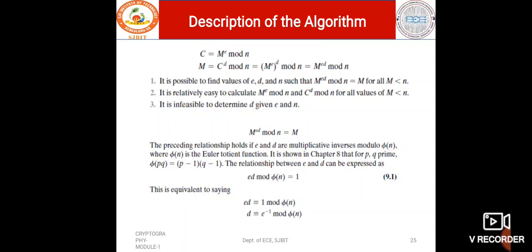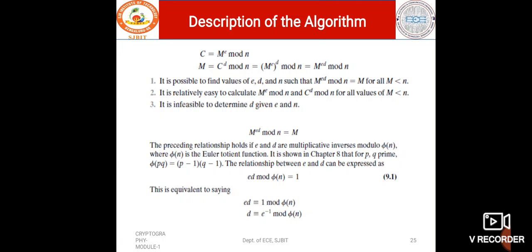Now, we will see the relationship of the form M power e d mod n is equal to M. The preceding relationship holds if e and d are multiplicative inverses modulo phi of n, where phi of n is the Euler totient function. For p, q prime numbers, phi of pq is equal to p minus 1 into q minus 1. So the relationship between e and d can be expressed as e d mod phi of n is equal to 1.